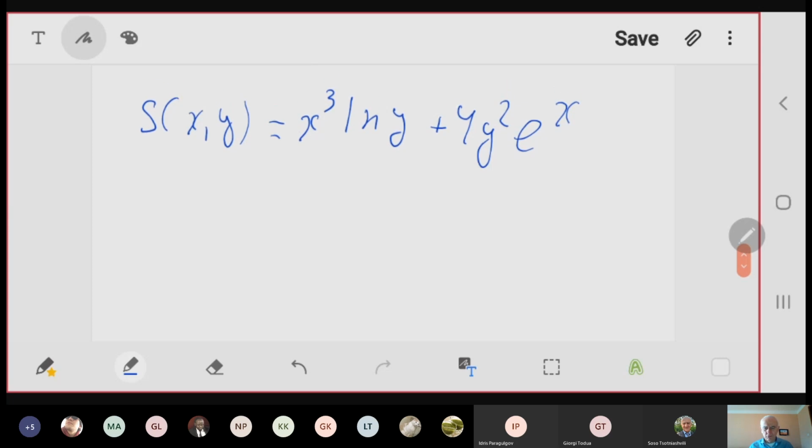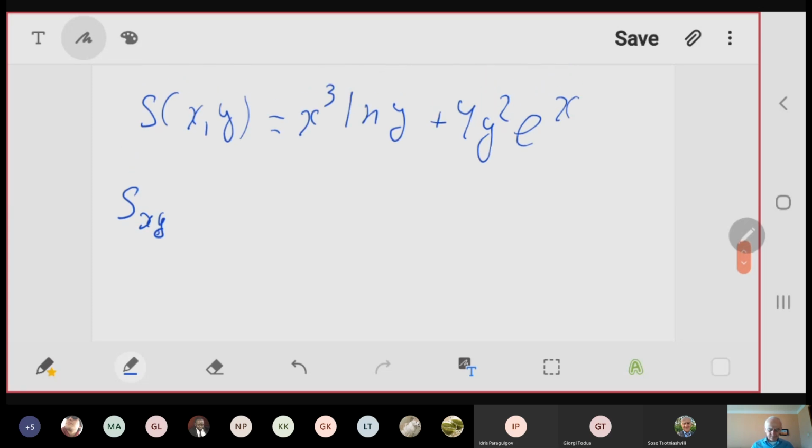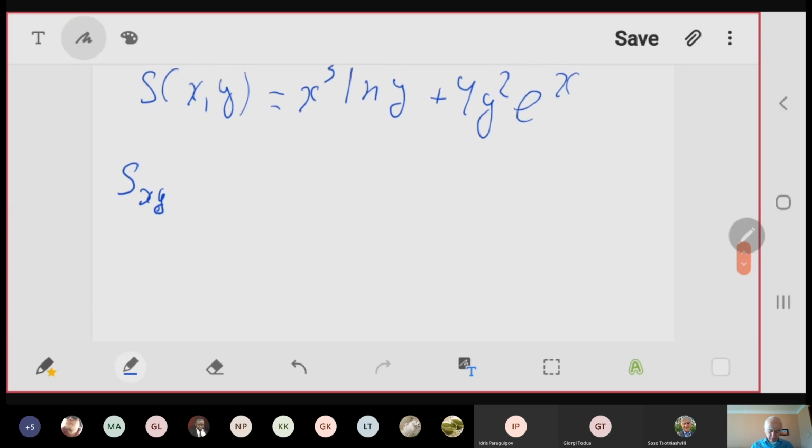And we need to find s_xy. So first of all, we need to find the first order partial derivative, and let's denote it s sub x(x, y).